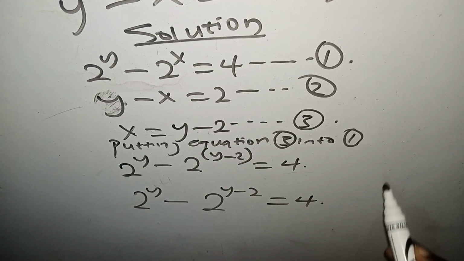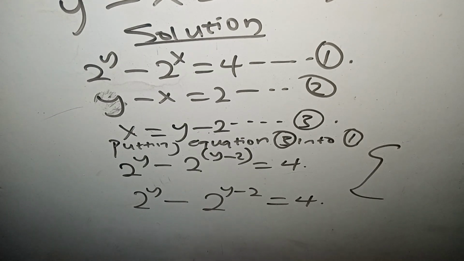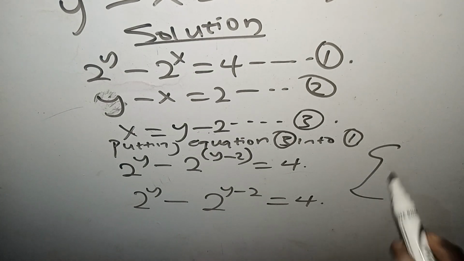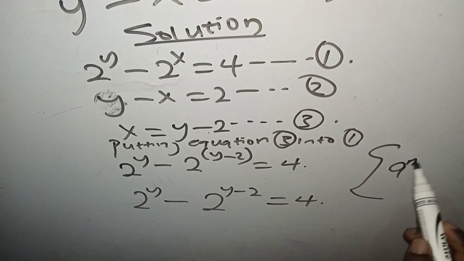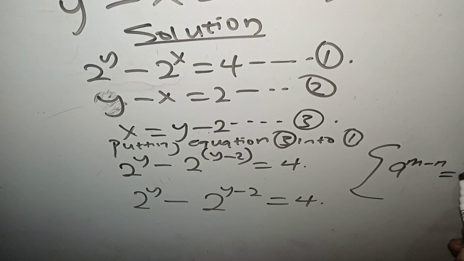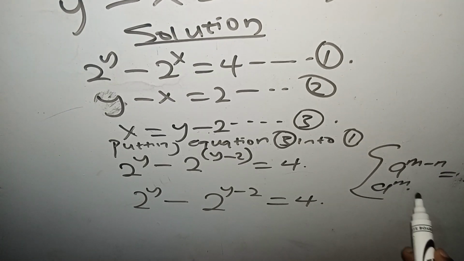Applying a principle from indices, we say if we are having a to the power of m minus n, it is also equal to a to the power of m multiplied with a to the power of minus n, from the principle of indices, right?